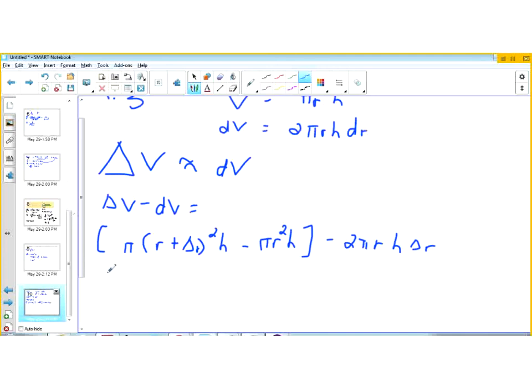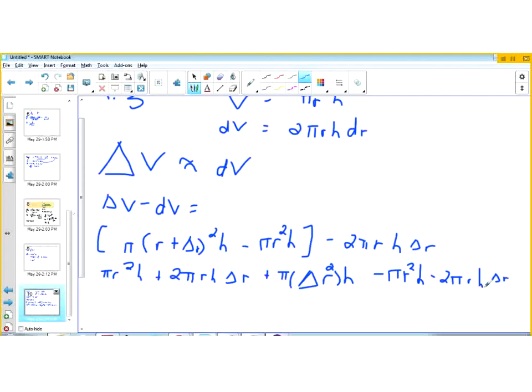And so what we'll get then is pi r squared h plus 2 pi r h delta r plus pi delta r squared h, minus pi r squared h, minus 2 pi r h delta r.